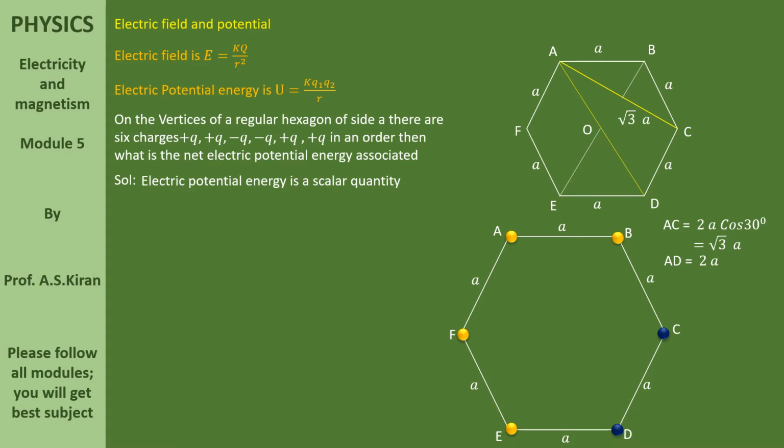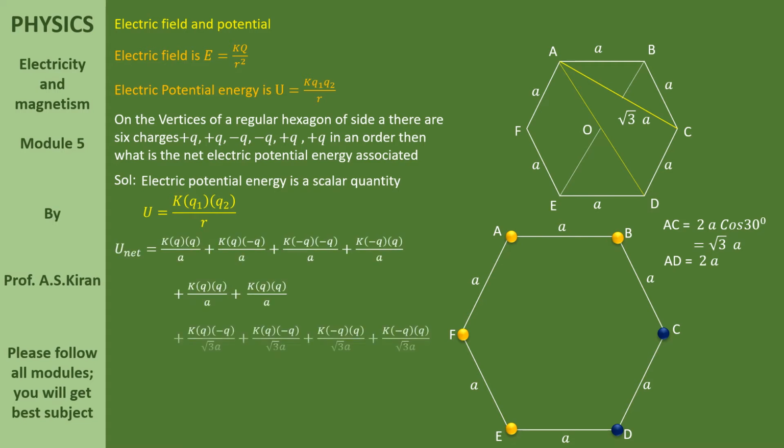Now, let us observe the calculation. Electric potential energy is equal to KQ1Q2 by R. It's a formula. Don't be afraid of the calculation. It is simple. I will explain it.